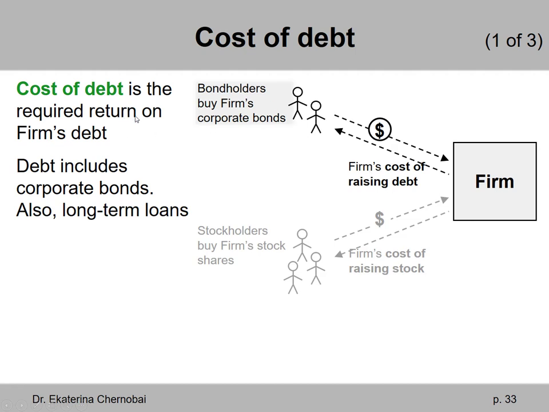From the investor's perspective, it's the return that they get every year when they pay money to buy the bonds. So that technically includes corporate bonds and also long-term loans, but we will be only talking about corporate bonds on the next couple of slides.